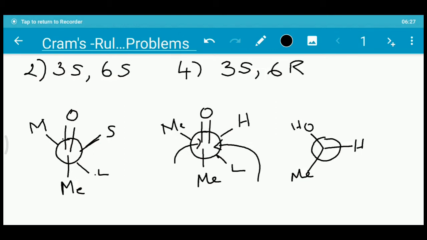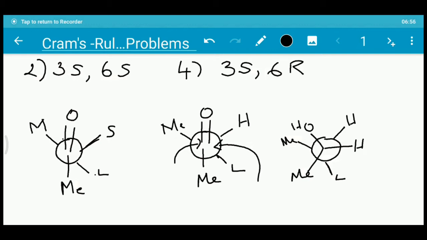My OH will be here, my hydrogen will be here, my methyl group will be here. I have my methyl here, I have my hydrogen here, and I have my large group here, the side chain.